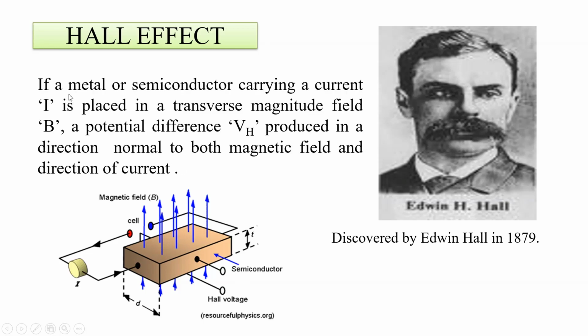So if a metal or semiconductor carrying a current I is placed in a transverse, that means perpendicular, magnetic field, a potential difference is produced in the direction normal to both the magnetic field and the current. Here the magnetic field is vertical, upward, and the current passes through the sample in this direction.